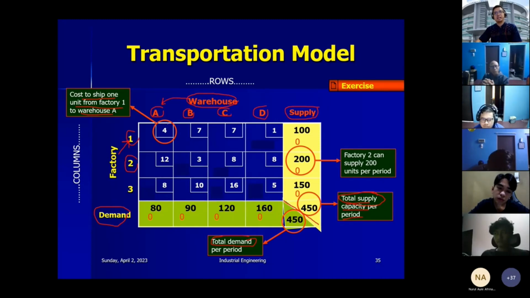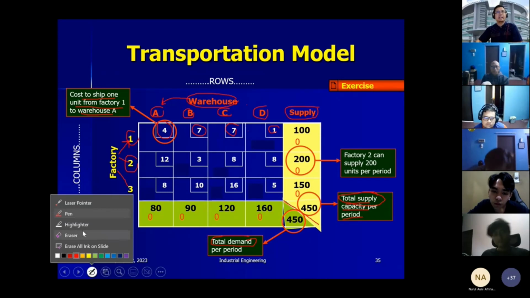If we want to determine the cost from factory 1 to warehouse B, 7 ringgit. From factory 1 to warehouse C, 7 ringgit. From factory 1 to D, 1 ringgit. So it depends on whether it is factory 1, factory 2, or factory 3, and whether we go to warehouse A, B, C, or D. Understand? Okay, correct.